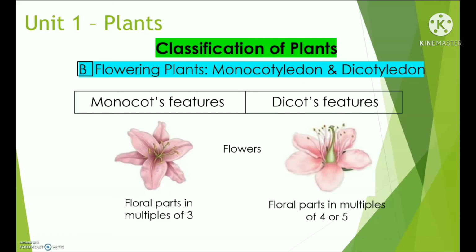Very good. So the flower of monocot is usually 3 petals or multiples of 3, and the flower of dicot is usually 4 or 5 petals or multiples of 4 or 5. Very good. Now let's move on.